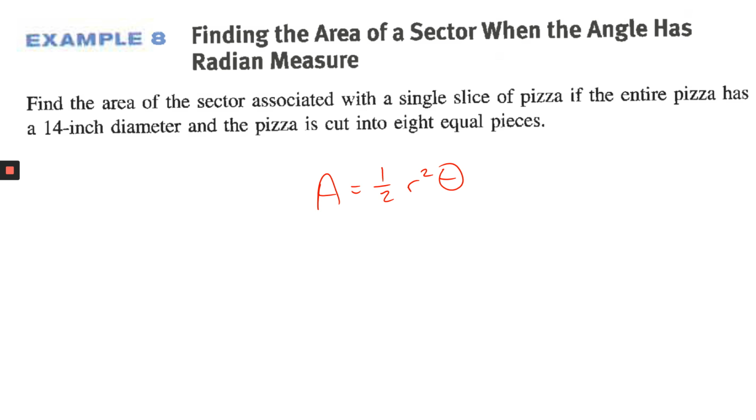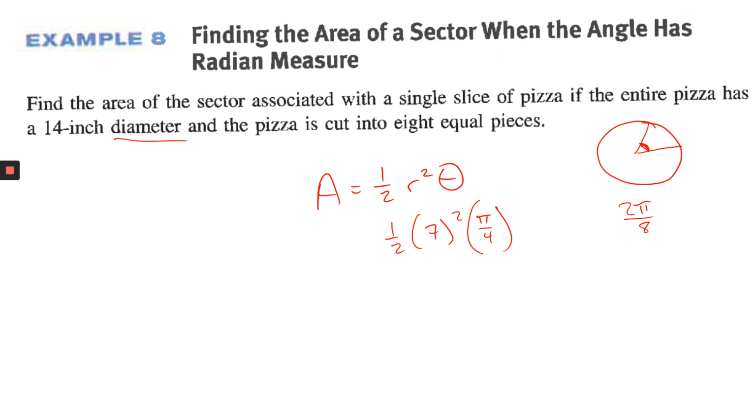Single slice of pizza if the entire pizza has a 14-inch diameter. So be careful here. 1/2 times 7 squared. The pizza is cut into 8 equal pieces. Okay, so we want to know about one slice. And so if we're cut into 8 equal pieces, we know that an entire circle has 2 pi radians. So let's cut that by 8. So we would say pi over 4 is our theta.